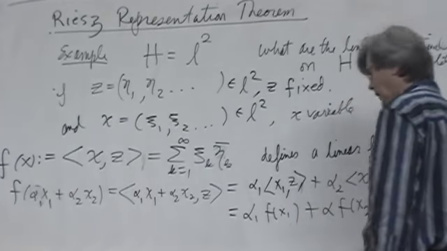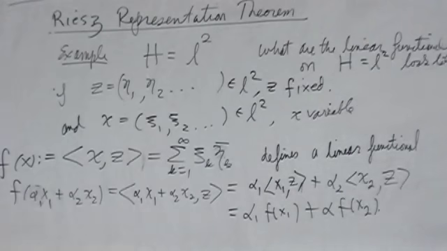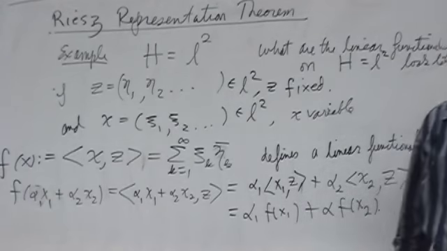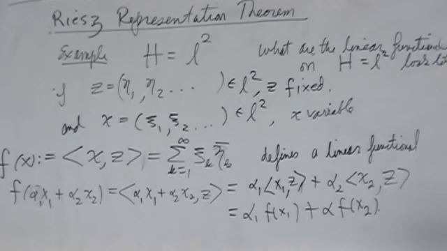So a very simple computation using the linearity on the left side of the inner product. That's why we didn't define it as f of x equals the inner product of z with x. We did x into z, so we get linearity and not conjugate linearity.